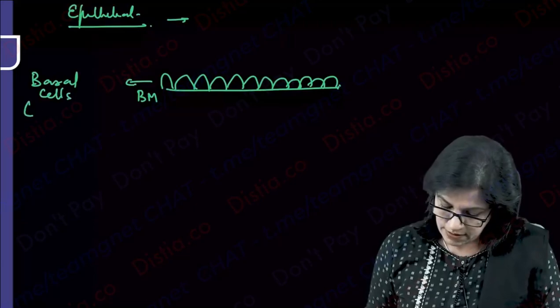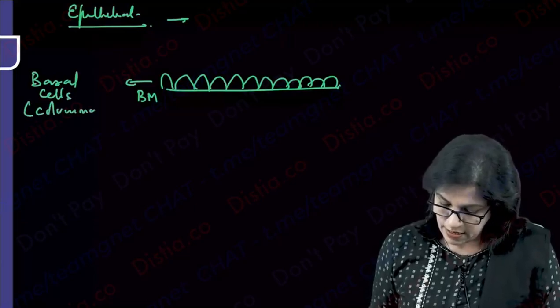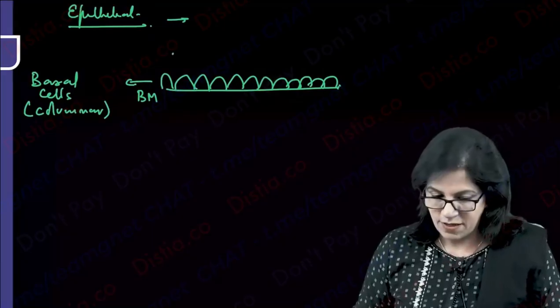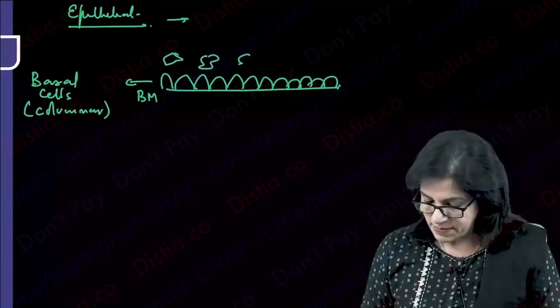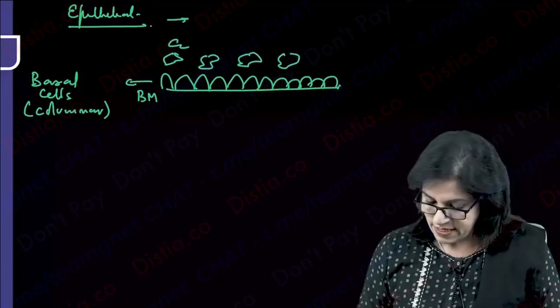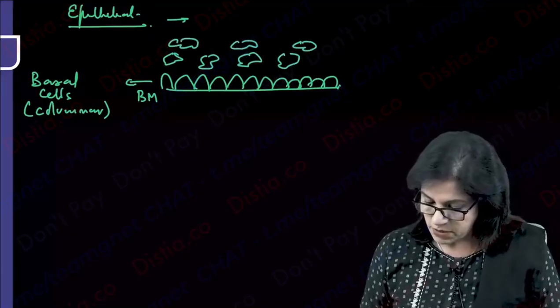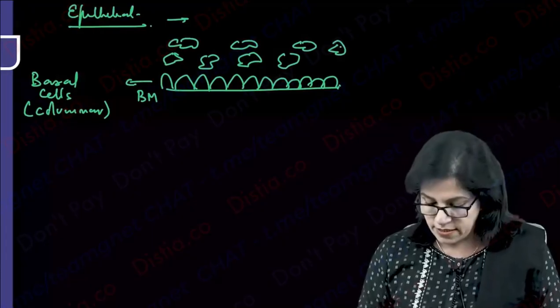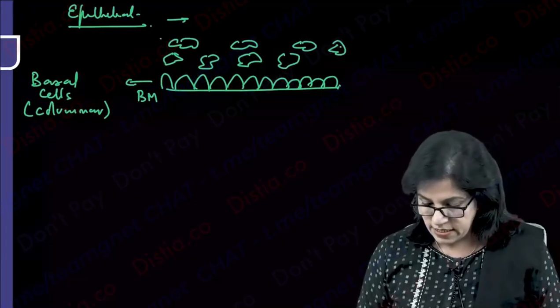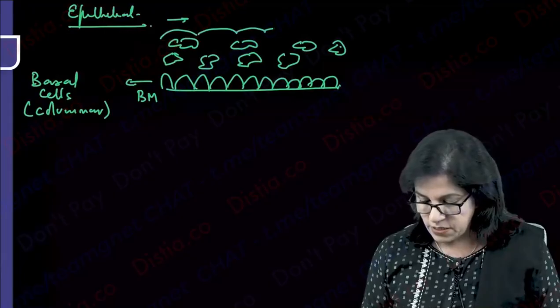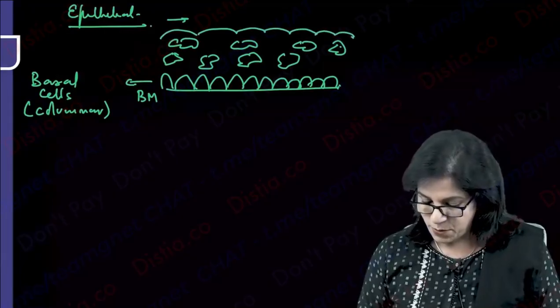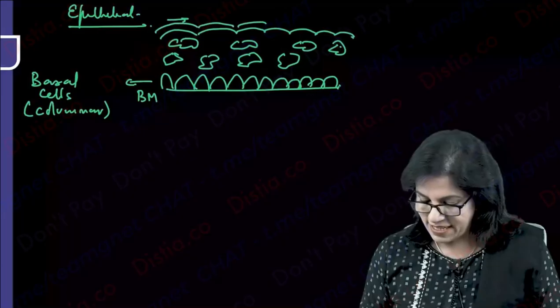These are columnar. Then comes 2-3 layers of wing cells. And the uppermost layer, again 2-layered, is stratified squamous epithelium.